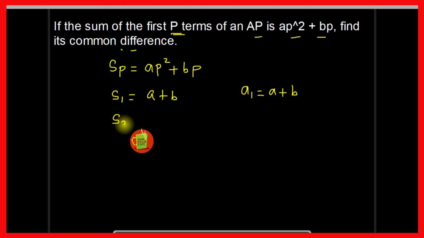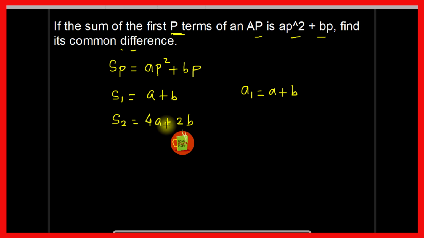Now the sum of the first two terms we will find. Put the value of p as 2, so 2 square will be 4, so it will be 4a, plus 2b.